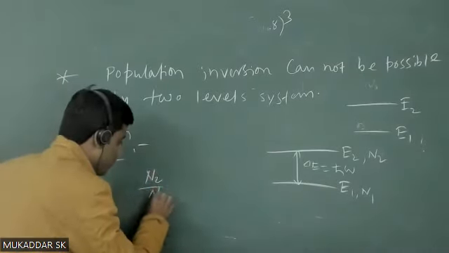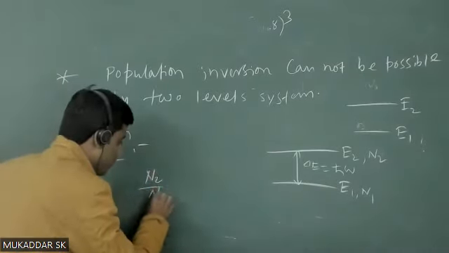You have a two level system E2 and E1 with separation delta E equals ħω, and suppose this system is at temperature T. So the ratio of their population will be exponential minus delta E, where delta E is ħω, by kB into T.